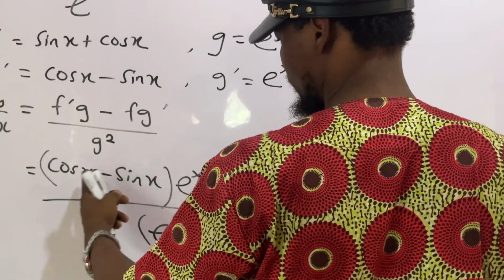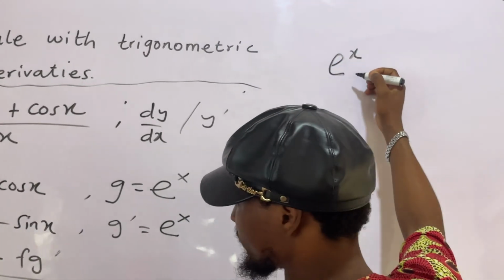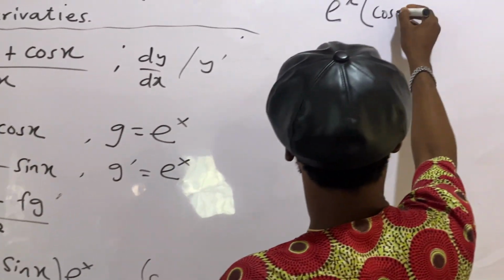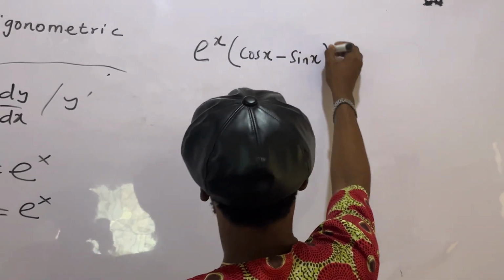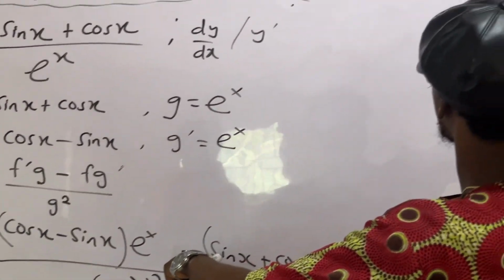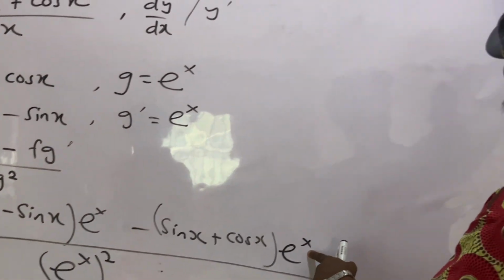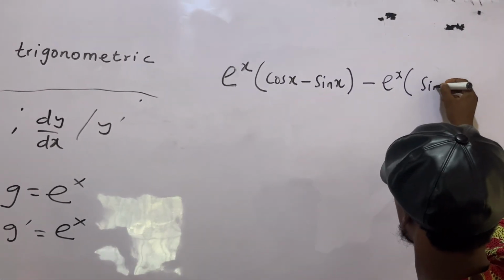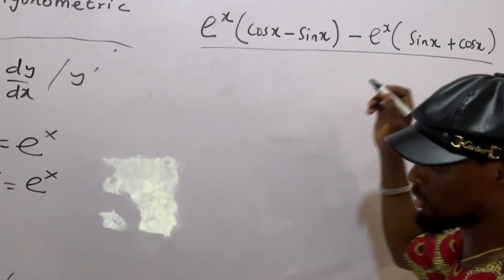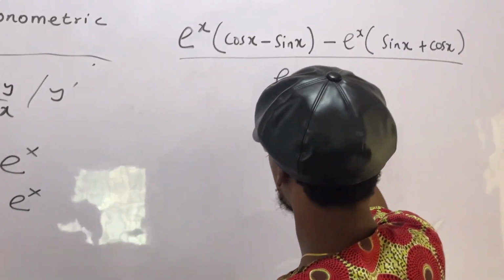Viewers, this is the same as exponential x times cos x minus sine x, then minus e to the power x multiplying the whole of sine x plus cos x, all over e to the power 2x.